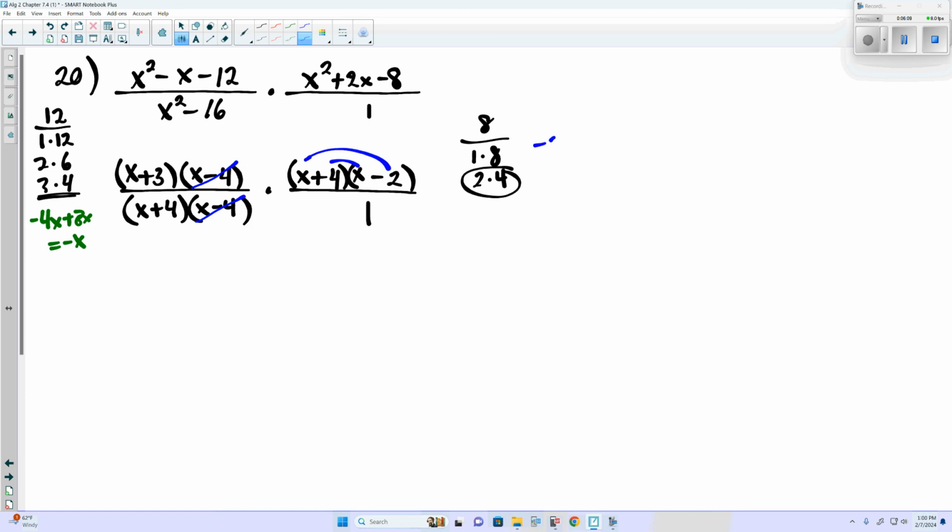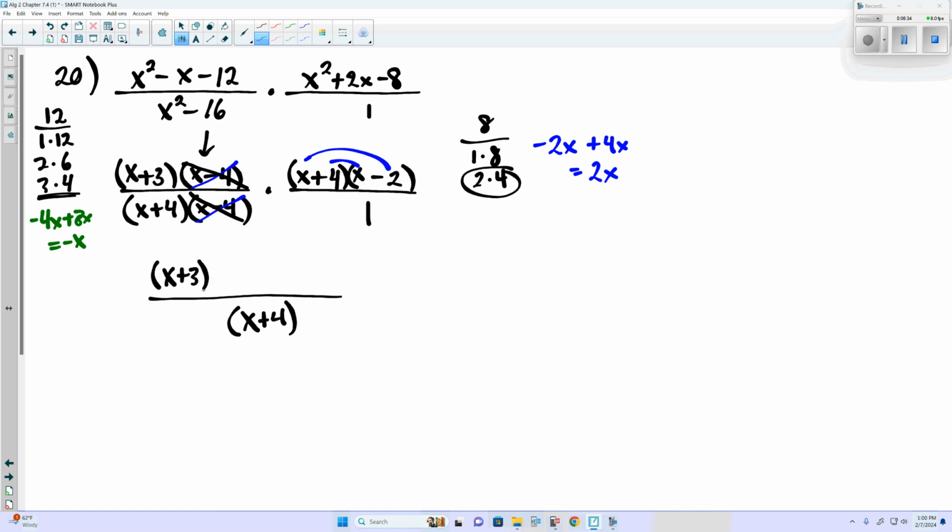x times negative 2 is negative 2x. 4 times x is plus 4x, giving us a positive 2x. So that is the middle term we wanted. As we've already seen, the x minus 4 over x minus 4 here is gone. That's simplified out. And so far, all that's left in the denominator is x plus 4.